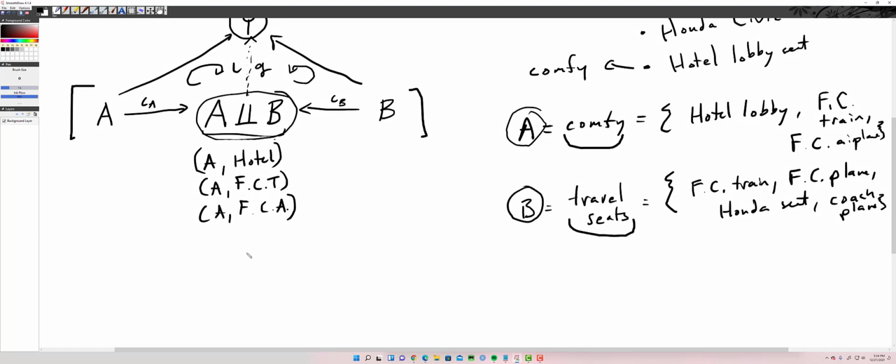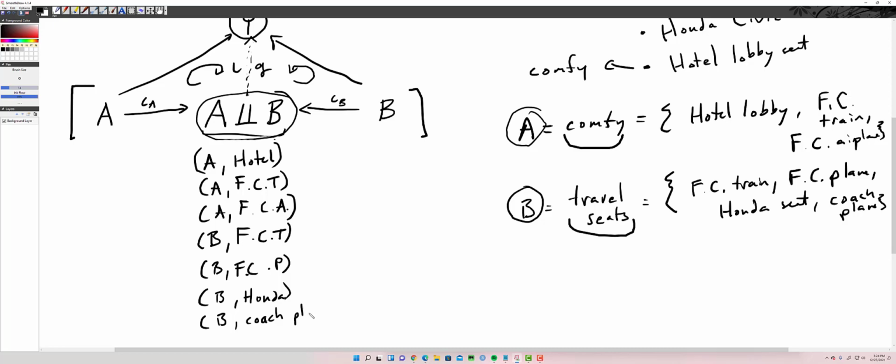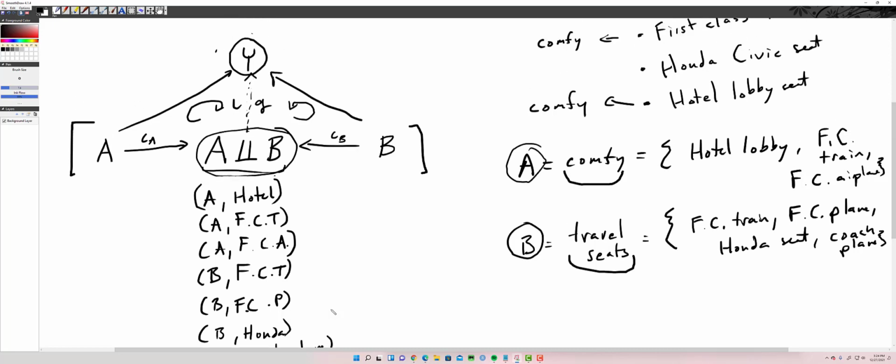But when I combine it with B in the coproduct, I still delineate between the two. I make a distinction between the two. So I have B first class train, right? So that's two copies of first class train. B first class plane, B, Honda, and B, coach plane. Okay?